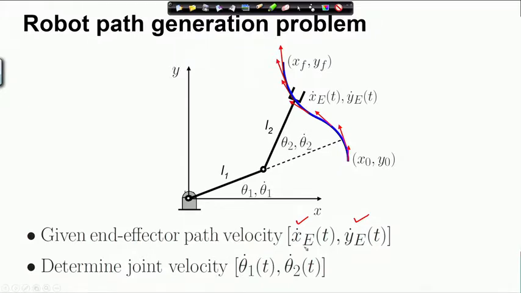Here we can differentiate and find out the velocity as a function of time, and using the velocity analysis we are going to determine the joint velocity, which comprises in this case theta 1 dot and theta 2 dot.